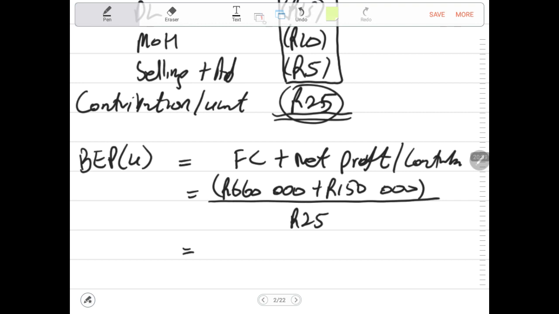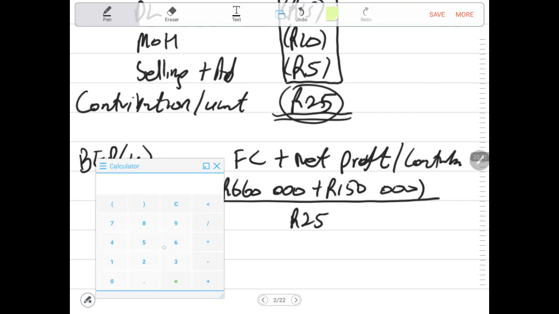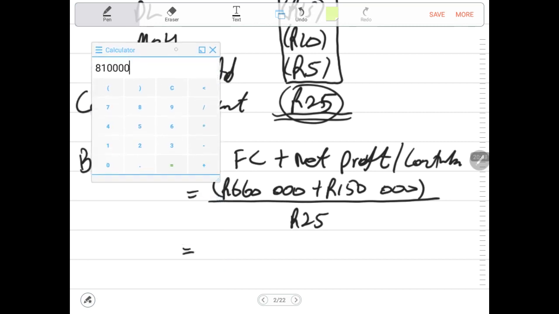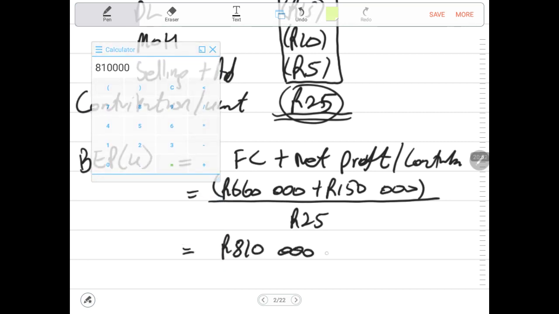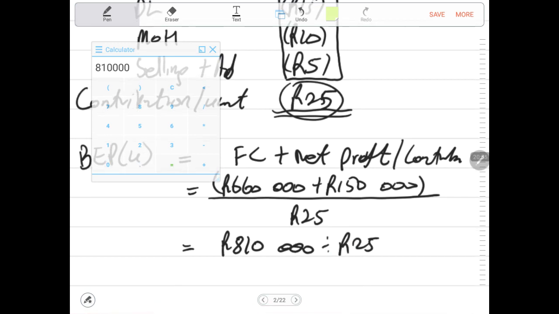Then we show the calculations and we say 660,000 rands plus 150,000 rands, we get to an amount of 810,000 rands, which must be divided by our contribution of 25 rands.